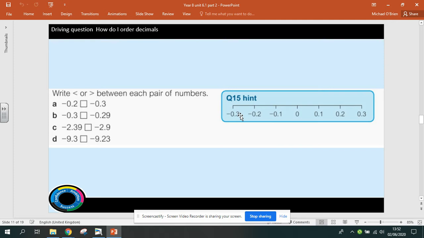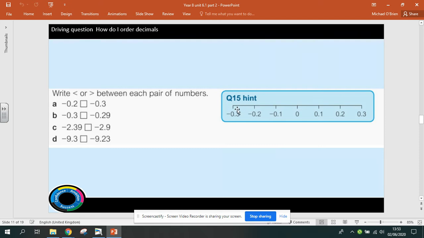It's like if you look at temperatures, -1 is cold, -10 is really cold, and so on. So the further away you go, the bigger the minus becomes. Effectively, the smaller the number is.